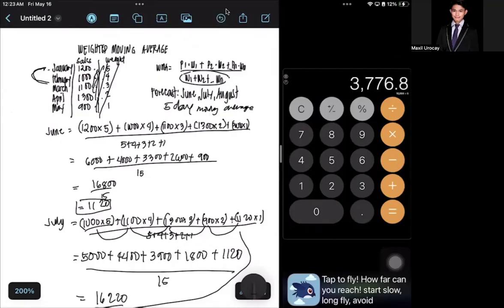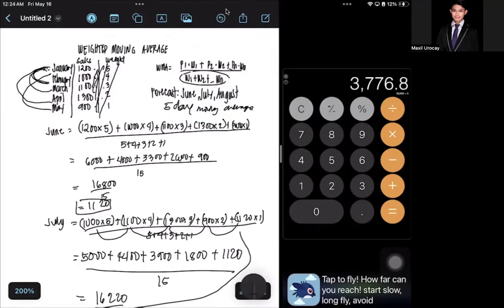If you're forecasting July, February is shifted into the place of January. If you are forecasting August, March is shifted into January's place. For September, April is shifted into January's place, and for October, May is shifted into that place. You just continue to persist.